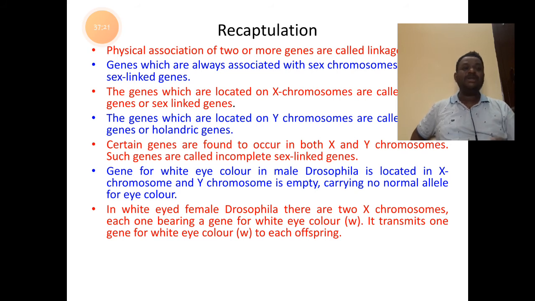They will transmit it to their sons definitely. Whereas white-eyed males, if involved in the cross, will transmit their character to their daughters, making them carriers. Carrier females will transmit the character to their sons, making them affected.